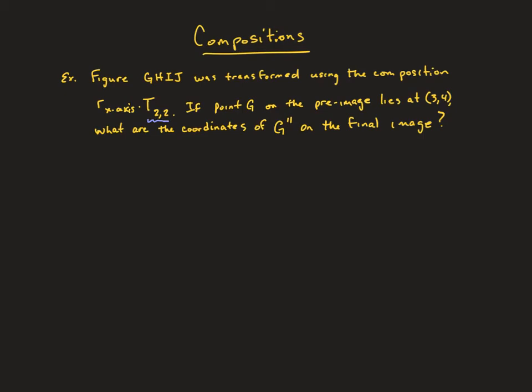So if I start with that, G is going to start off at 3, 4, and as I'm translating 2, 2, G prime is going to be 3 plus 2, and then 4 plus 2, which means G prime is now going to be at 5, 6.